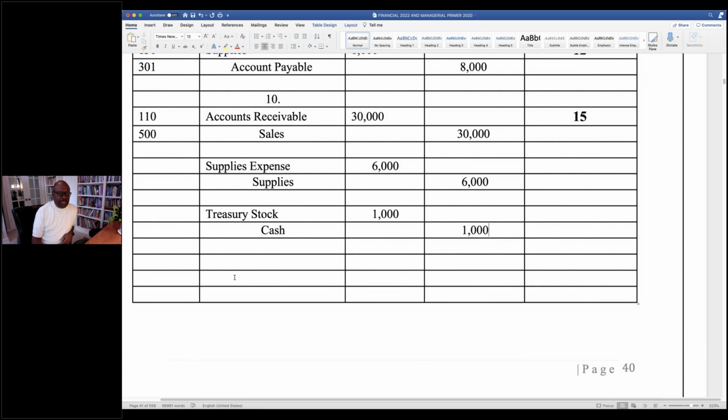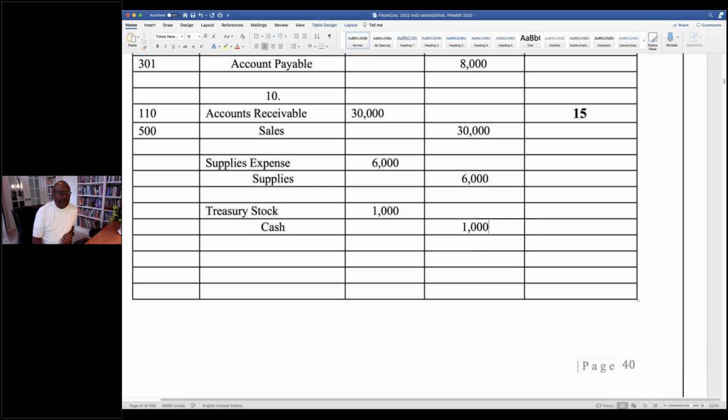Time to buy an automobile. How much did we have that auto costing? $10,000. Okay. Buy an automobile costing $10,000. We paid cash down to $2,000.